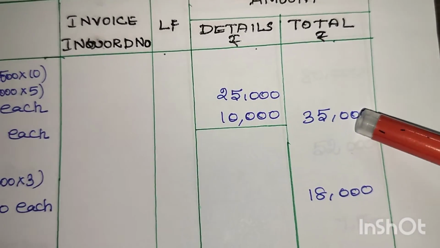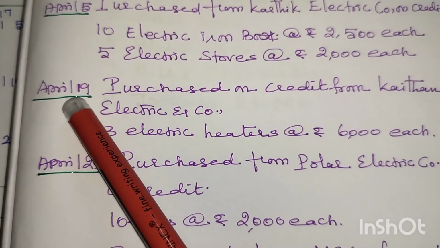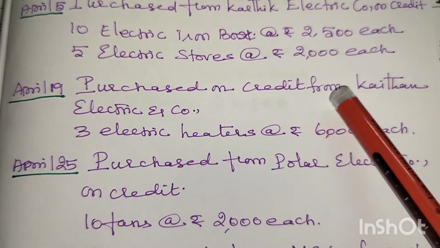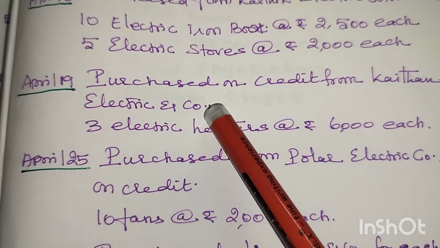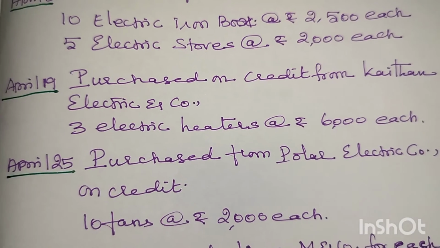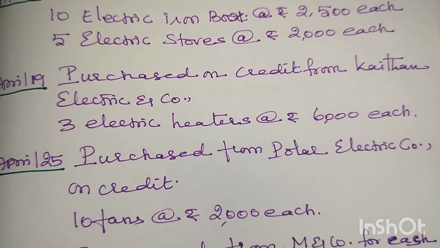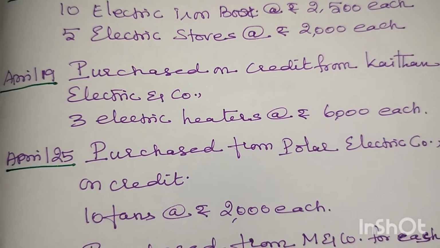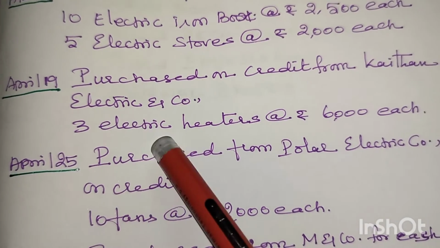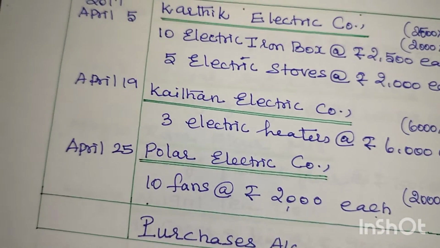Okay, the next transaction is April 19, purchased on credit from Kaiton Electric and Co. This transaction tells us credit purchases. So you made credit purchases with Kaiton Electric and Co: 3 electric heaters at rupees 6,000 each. We enter April 19 in the date column. We enter the name of the supplier in the particulars column, Kaiton Electric and Co. What we purchased from him: 3 electric heaters at rupees 6,000 each.